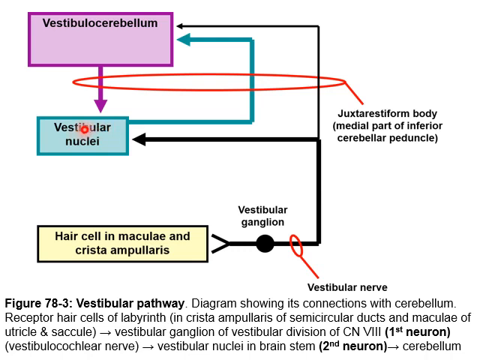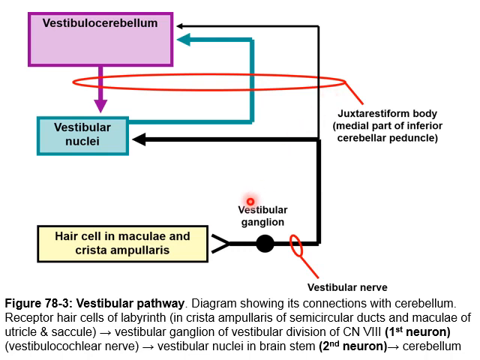From the vestibular nuclei, the second order neuron, it will go to the vestibulocerebellum. Also, as you see, some fibers from the vestibular nerve go directly to the vestibulocerebellum. The vestibulocerebellum, in return, affects the vestibular nuclei by the connection. If you recall the connections of the vestibulocerebellum, I mentioned it in the lecture of the cerebellum. These fibers run in the juxtarestiform body, which is the medial part of the inferior cerebellar peduncle.